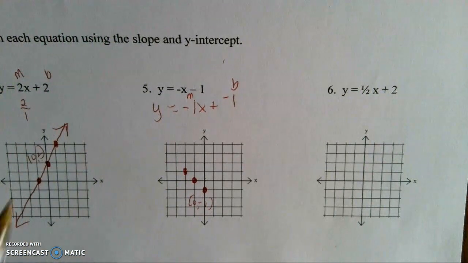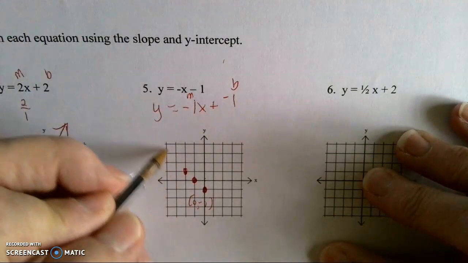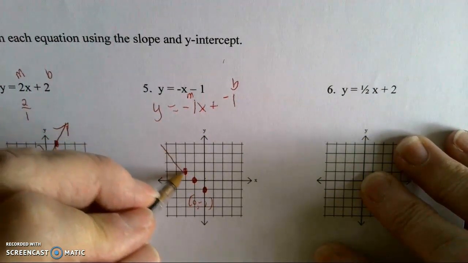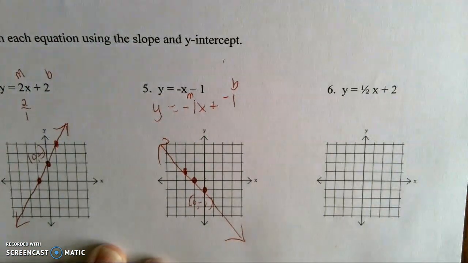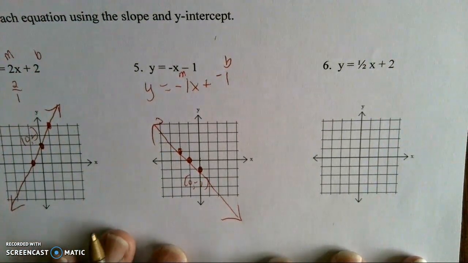So remember, when we are graphing these, I always want to rise, but if it's a positive slope, I'm going to go to the right, but if it's a negative slope, I'll go to the left. And then again, you want to connect the points with a line, and that's the graph of that equation.